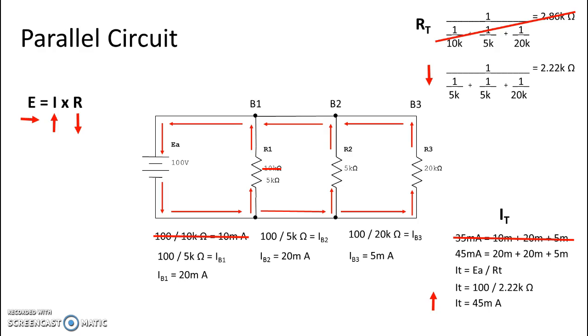Now we take one last look at voltage, and we see that even though the ohmic value of the branch has changed for branch 1, it is no longer 10k ohms and now 5k ohms, it does not change the voltage that we see to that branch because, of course, we understand that when we read voltage in a parallel circuit, we are essentially just reading across our battery by putting our black lead down on our negative side and our red lead up on our positive side.